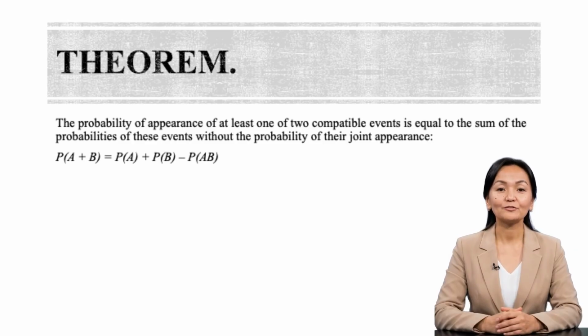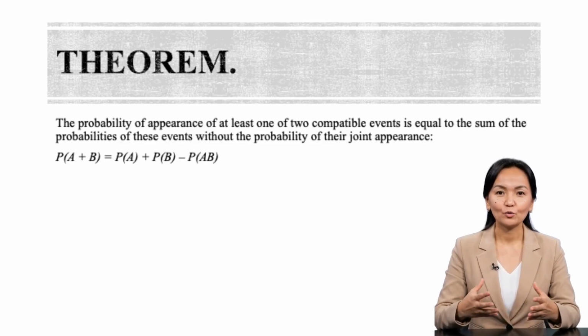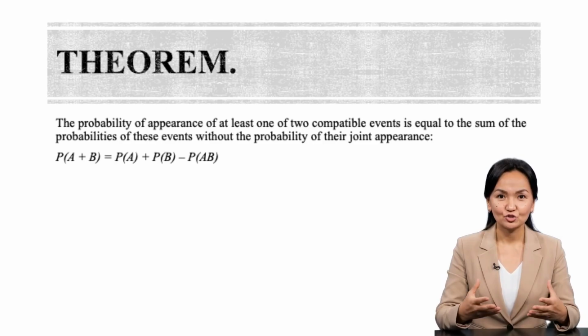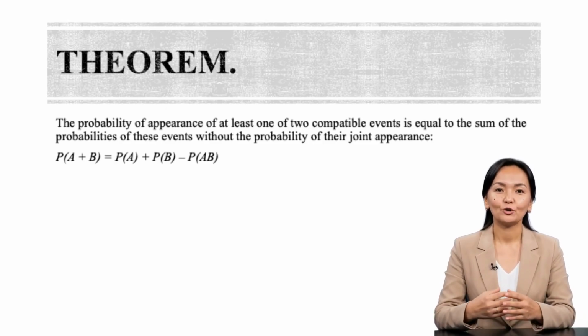When we add P(A) and P(B), we count the cases where both events occur twice, once in each sum. Since we only want to count them once for the event at least one occurs, we must subtract the probability of their joint appearance, P(AB), which represents the overlap between the two events. This correction ensures that we don't double count any outcomes.